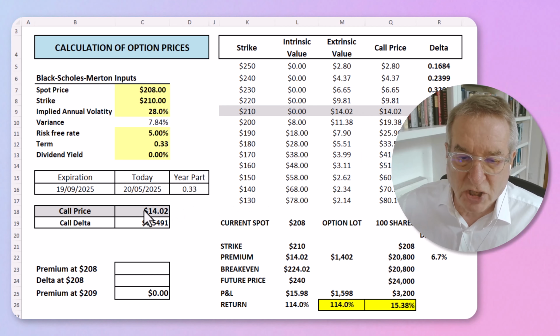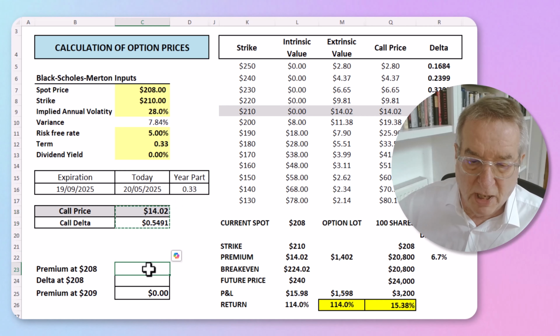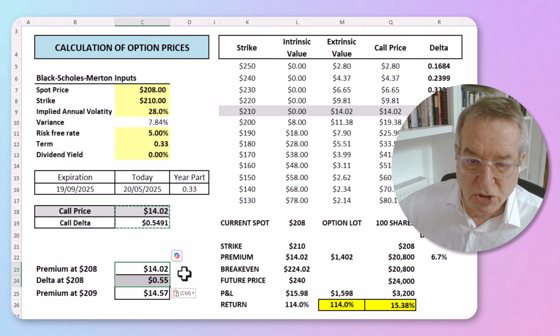So if I take those two values there, and I copy them, and I paste the values into those cells down here, you can see if you add those together, the amount in this cell now is $14.57.